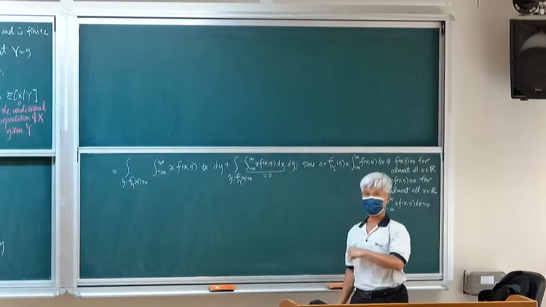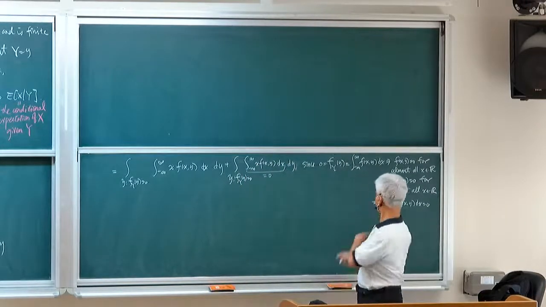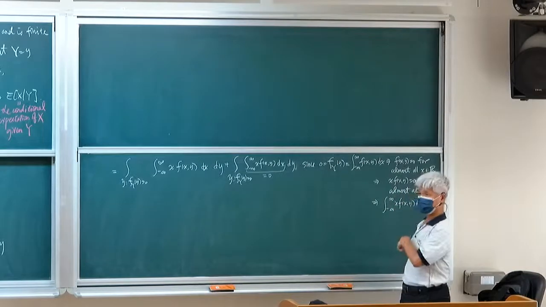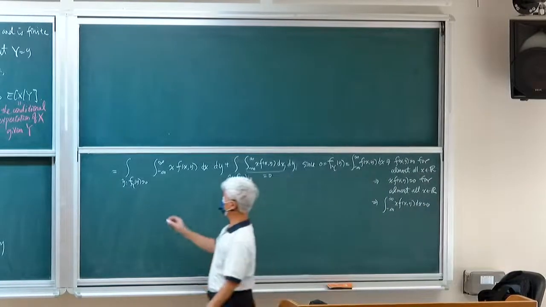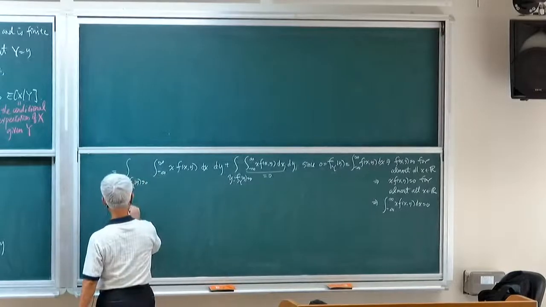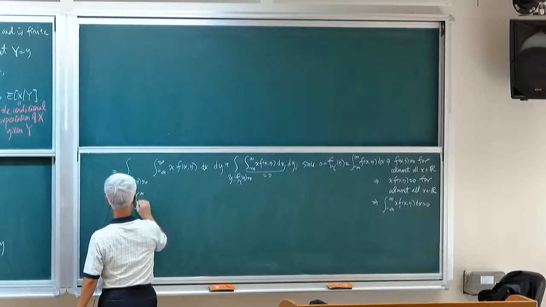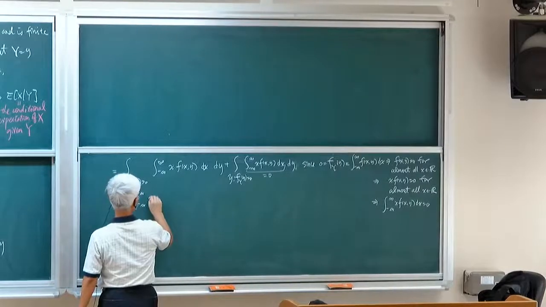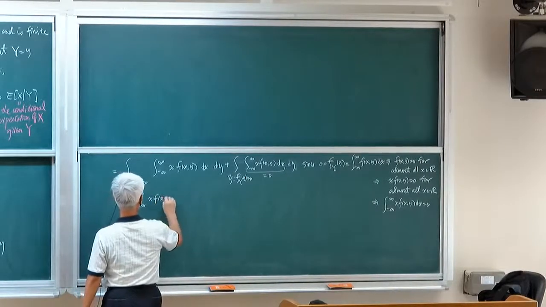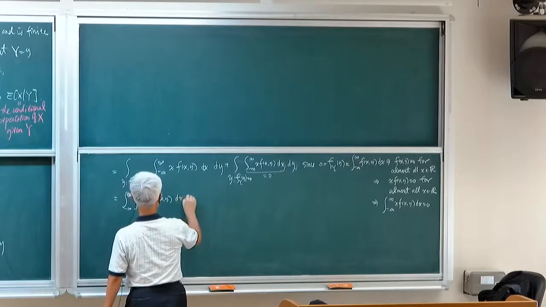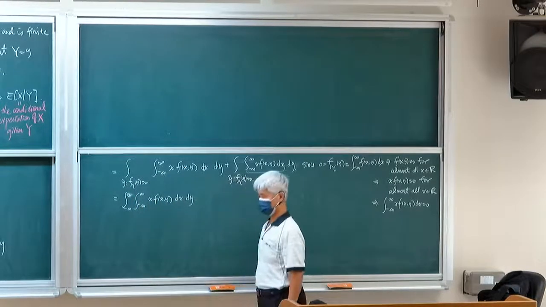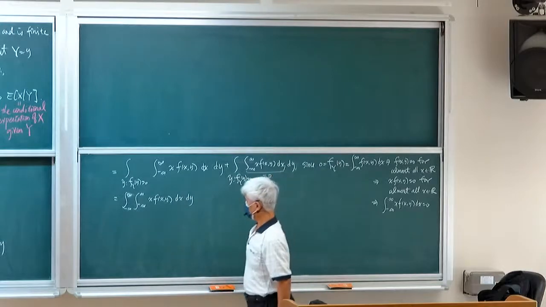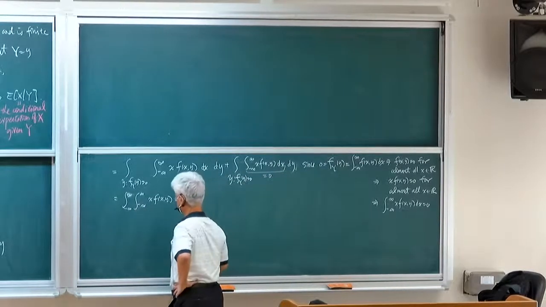So the integrand is always 0, okay? By this explanation here. So that when we combine together, okay? So we have that. And now we will exchange the order of integration.